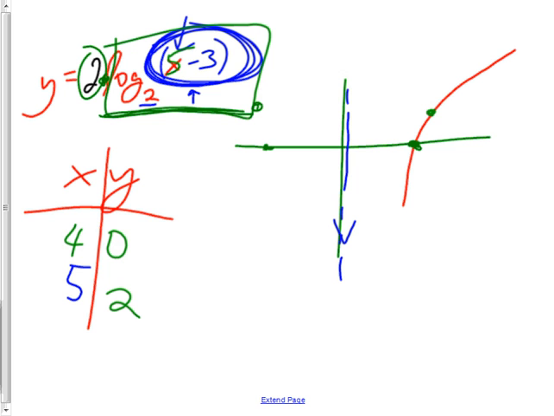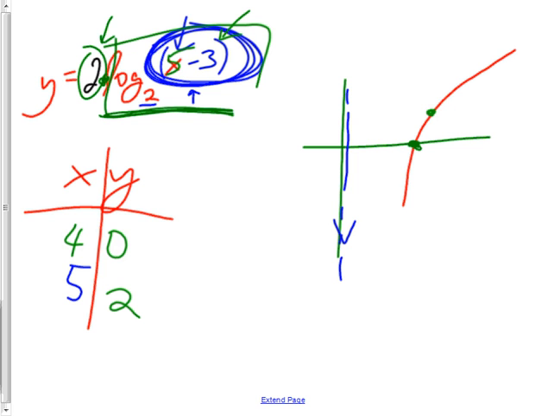If we know this should be to the right 3 and twice as high, and you're getting points over here, you should be like, wait a minute, that's not to the right 3, that's to the left 3. I must be doing something wrong. It's critical that you check yourself. So make an XY chart and think about where should this thing be. It seems like it should be to the right and should be stretched up. And if my answer isn't in the right spot, I will fix it.